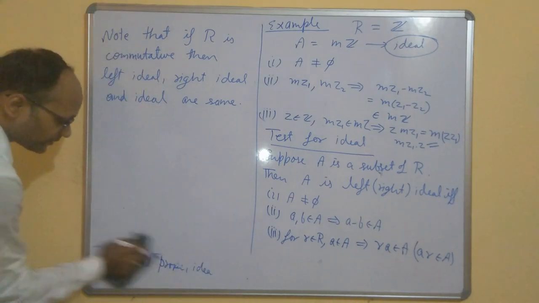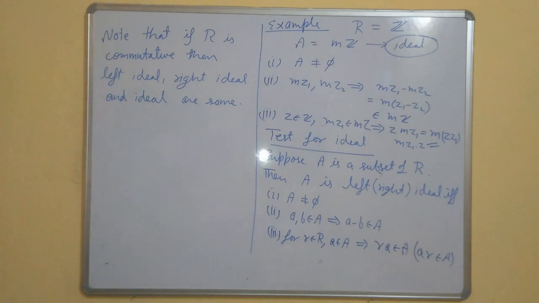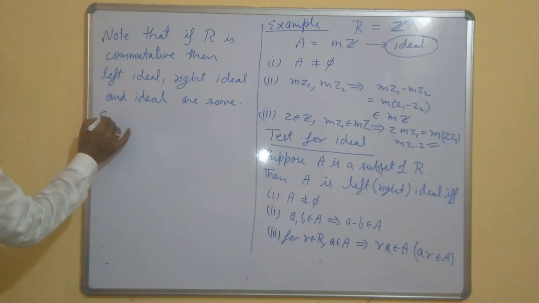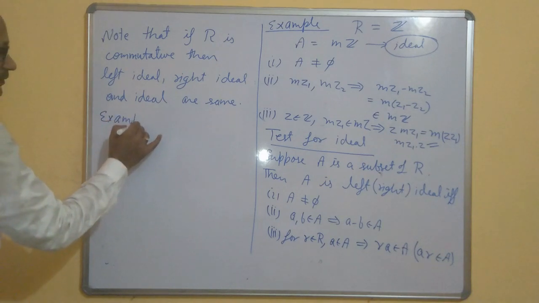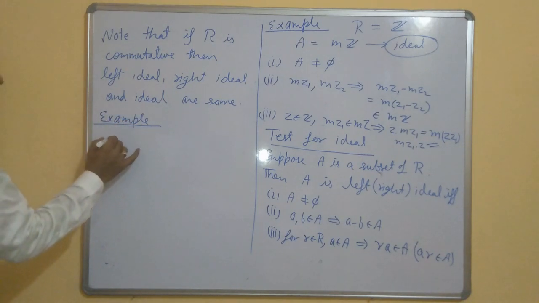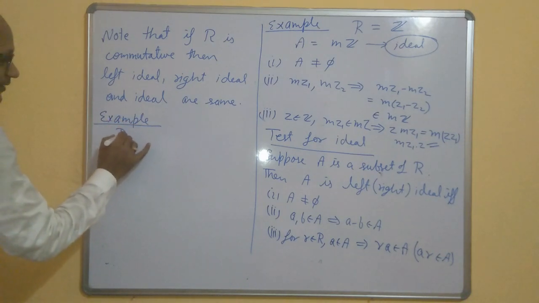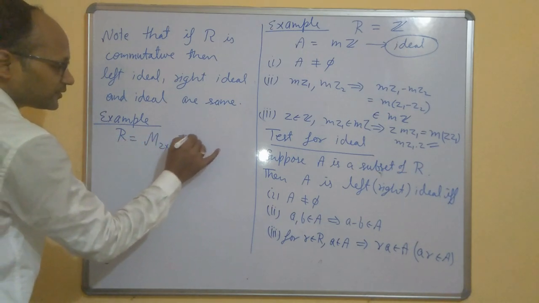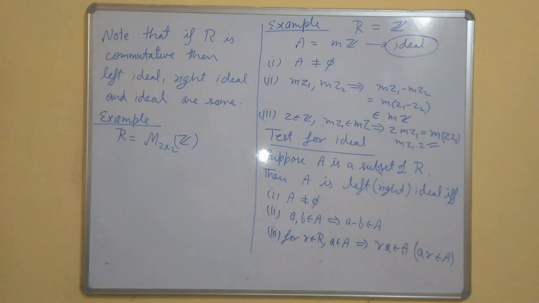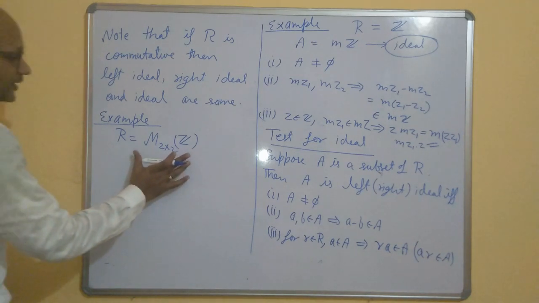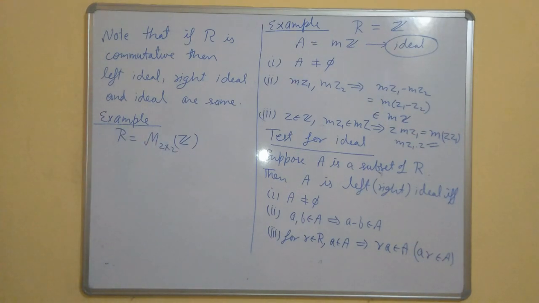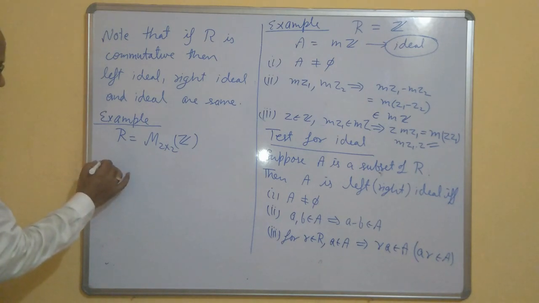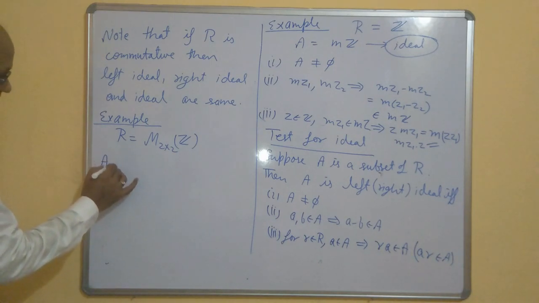Let us come to another example. Now example, suppose I take R to be the 2 cross 2 ring of integral matrices. The set of 2 cross 2 integral matrices forms a ring. So I take this ring, and now let me take one subset A1.